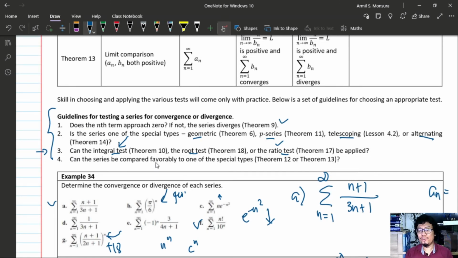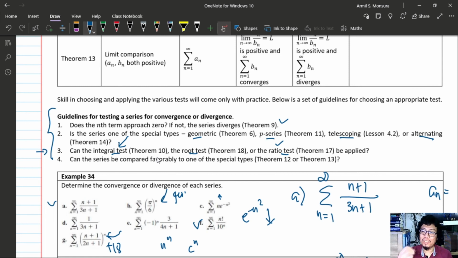Because, number one, you really don't want to spend your time using integrals to determine the convergence or divergence of a series, mainly because some of the expressions are not really that integrable. So I'd really put the integral test on the low end of the priority for which test to use.